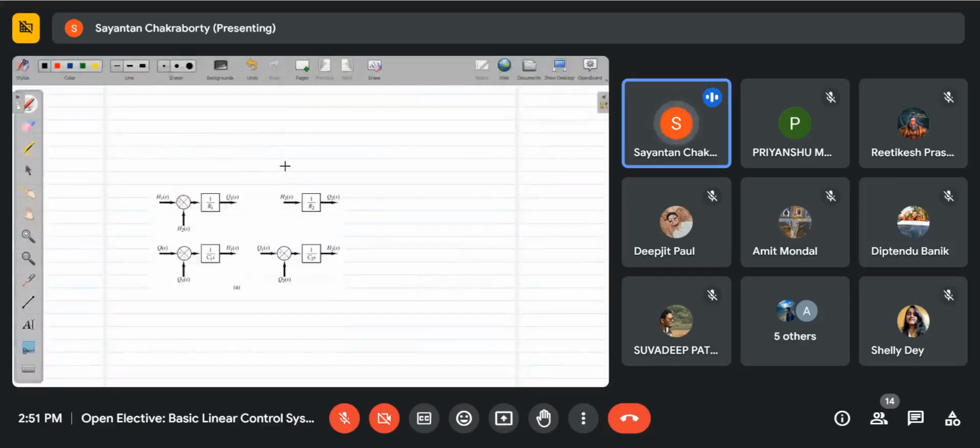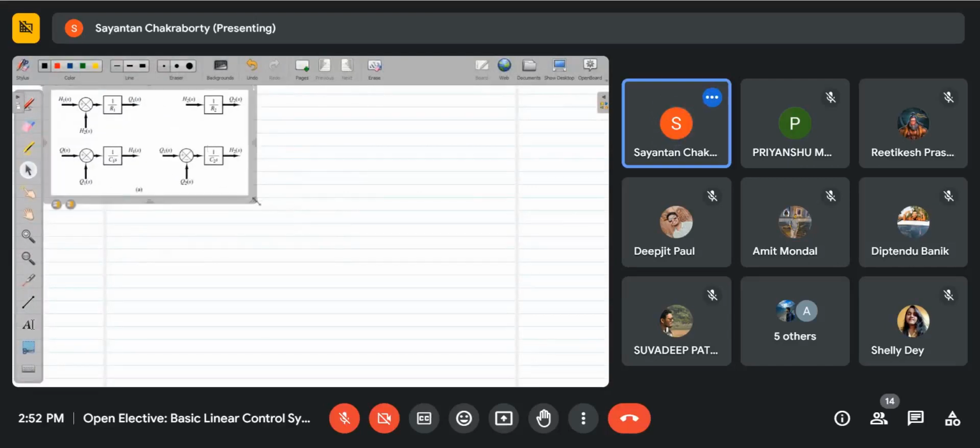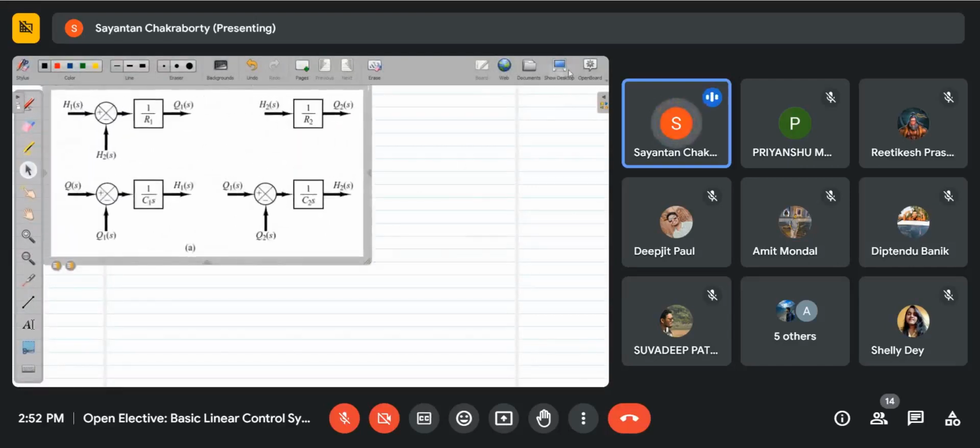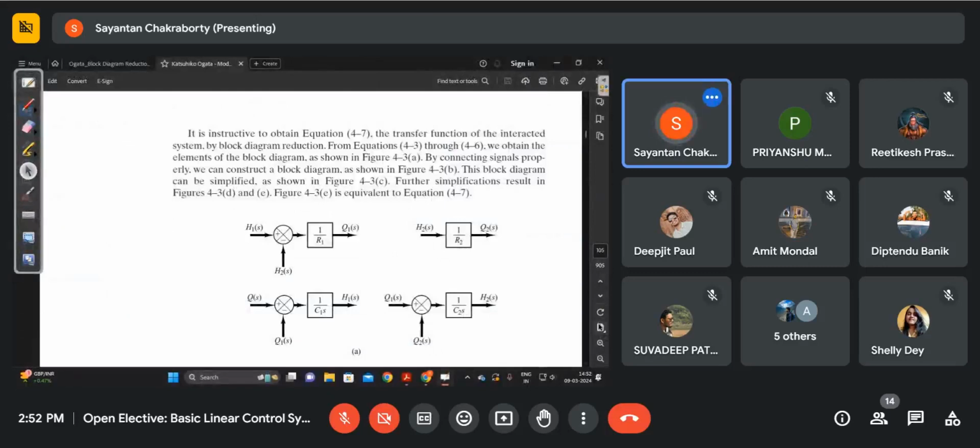These are the first set of equations. Now I am getting this form. Let me show you.